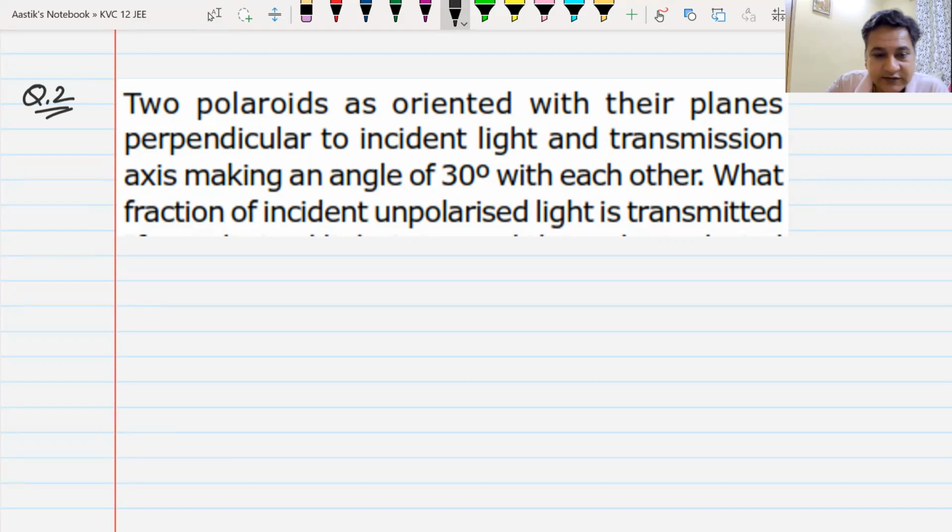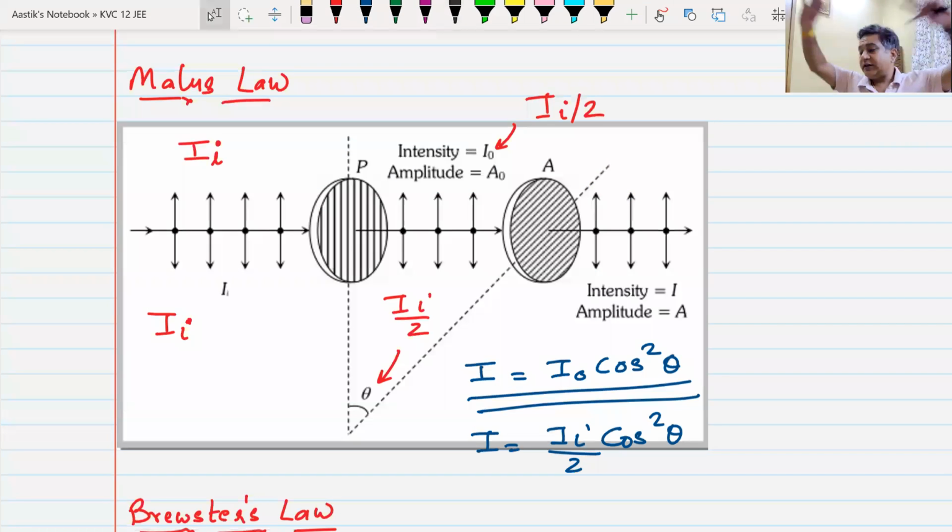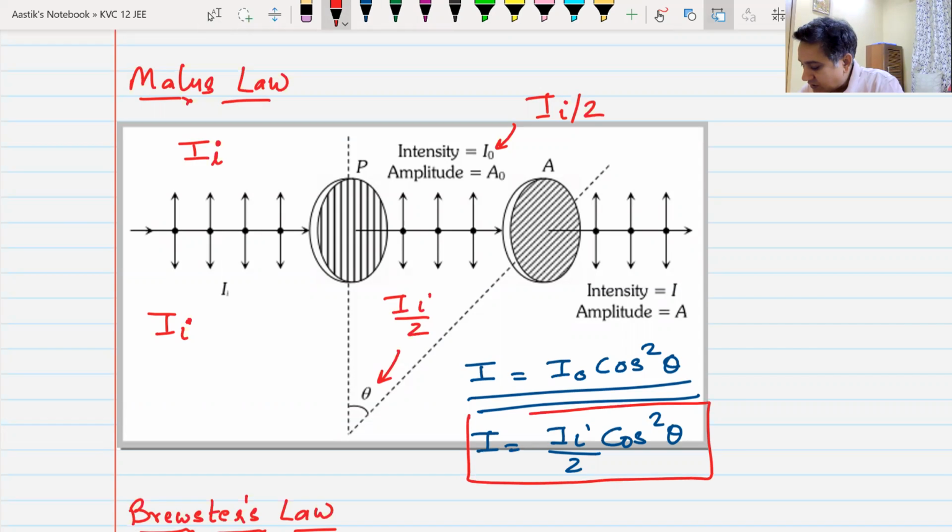Let's see if the girls can do a better job this time. If you want a hint, as I told you, this one diagram encompasses everything of this particular thing, and the hint is right here, in front of your eyes.